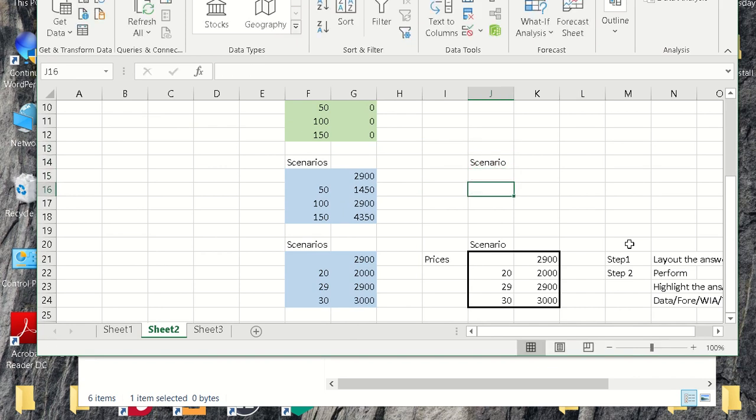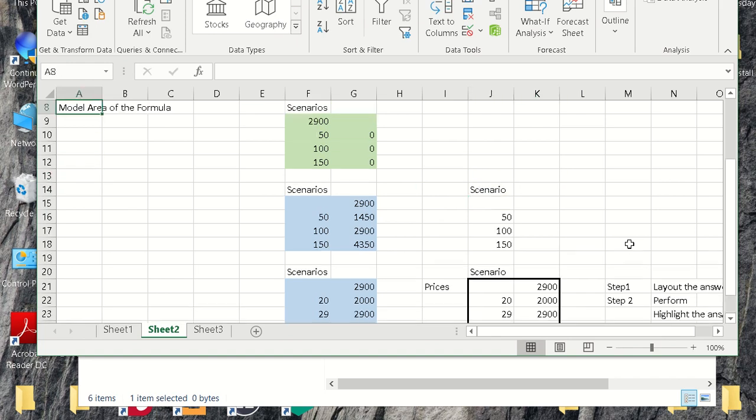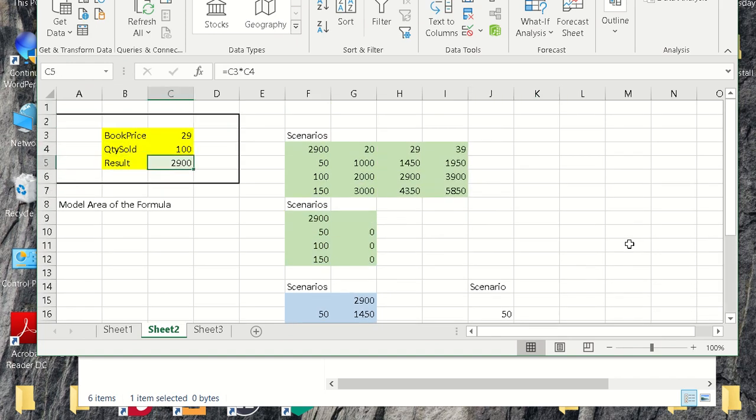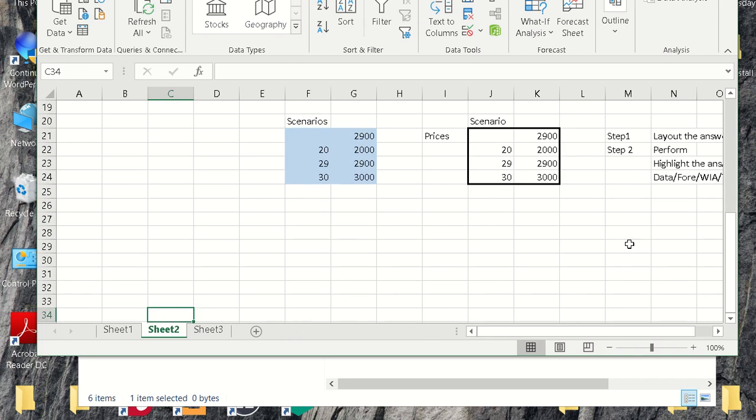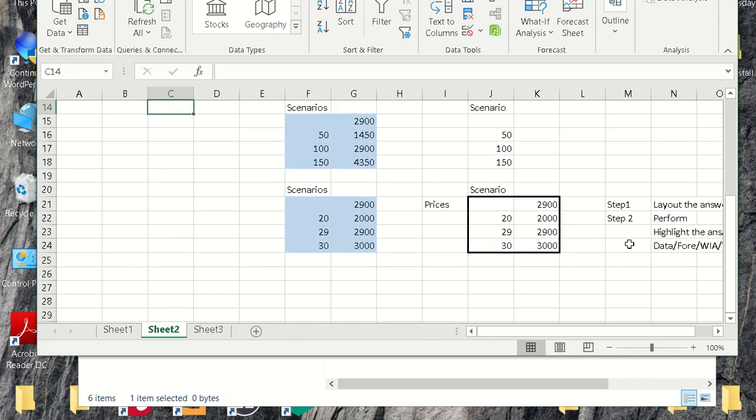We want to say, suppose I sell it at 50, at 100, and 150. And here, again, the result is C5. I'll do C5 here. Equals C5. All right. So same.